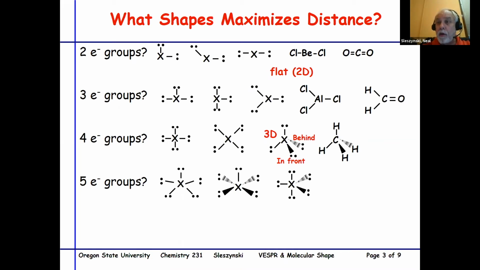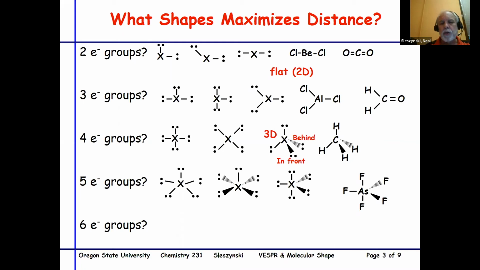The positions that are in that triangle are 120 degrees away from each other, whereas the repelling electron pairs that are on the top or the bottom pyramid are 90 degrees away from the three repelling electron pairs in the triangle. An example of a molecule with this structure would be arsenic pentafluoride, shown here.